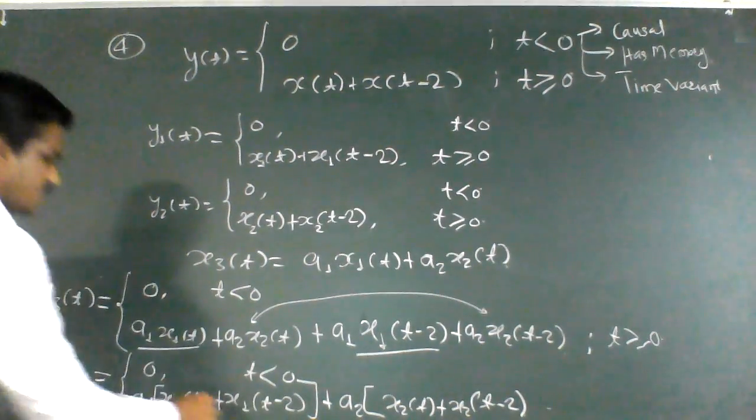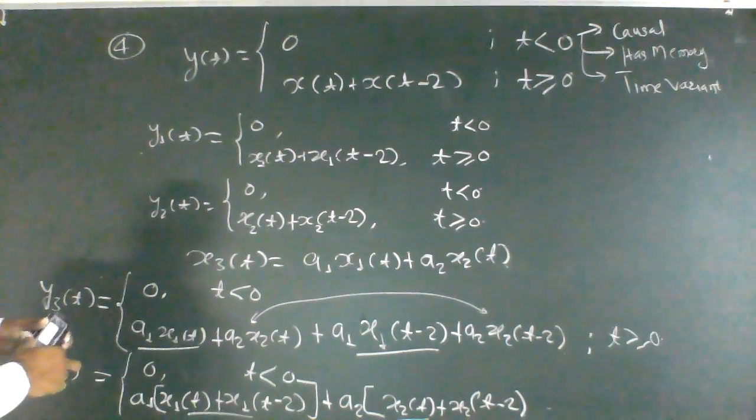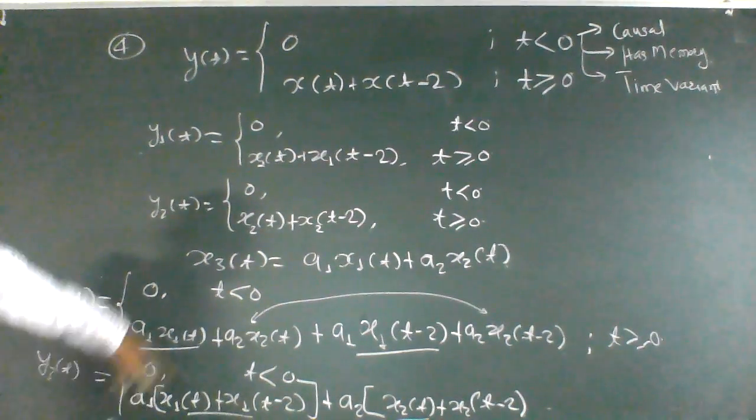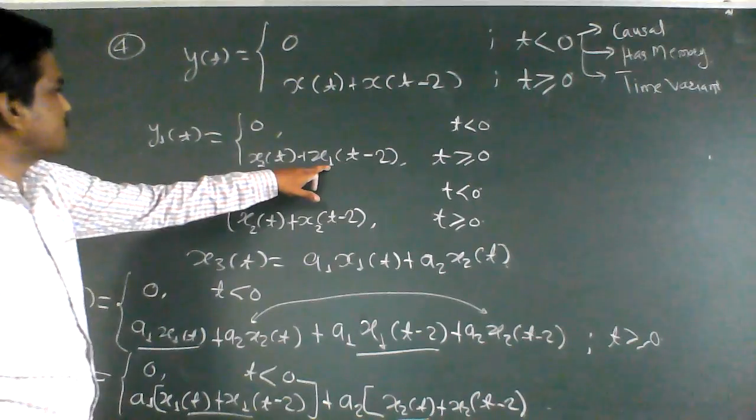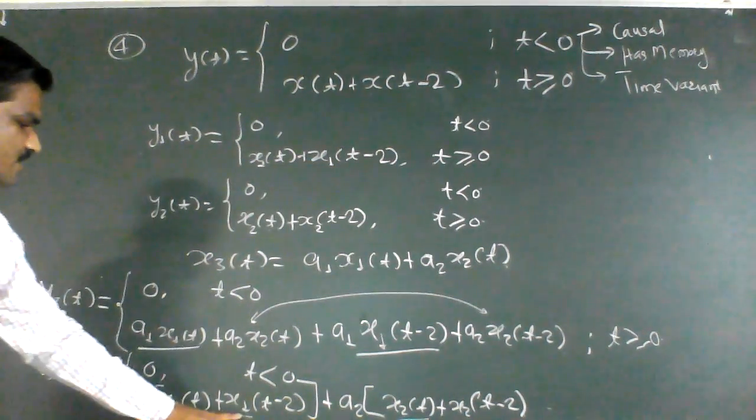But what is this total? This is a1 times x1 of t plus x1 of t minus 2.